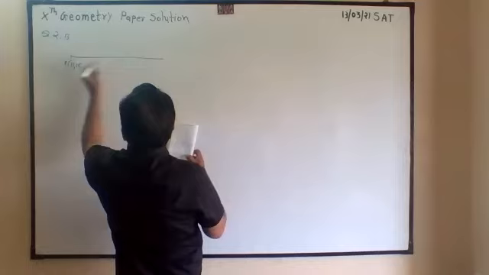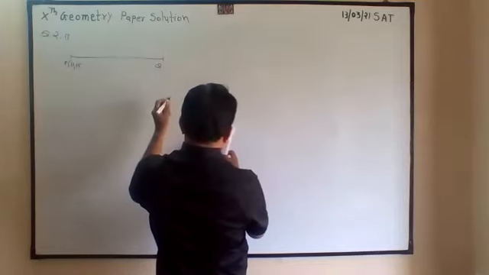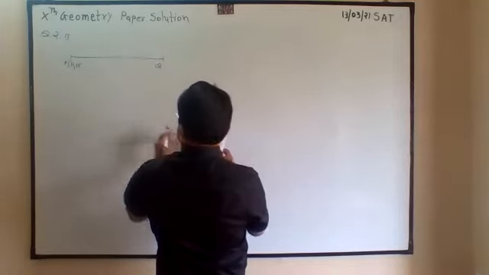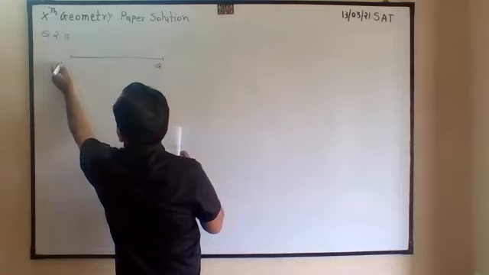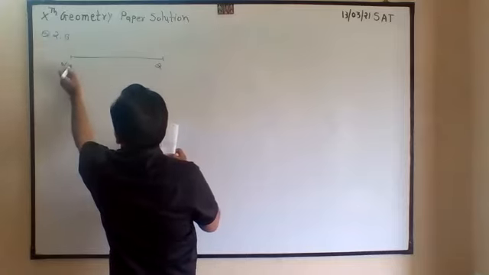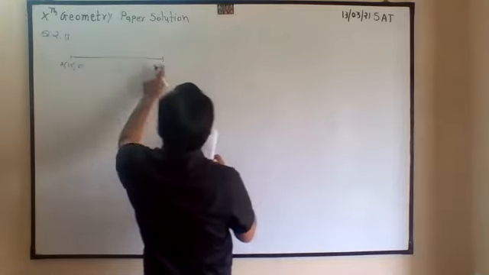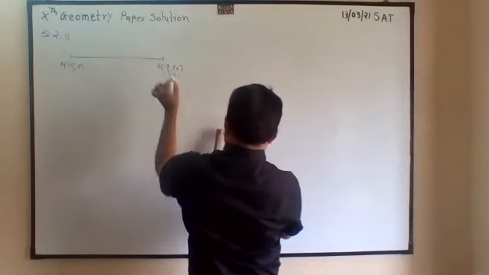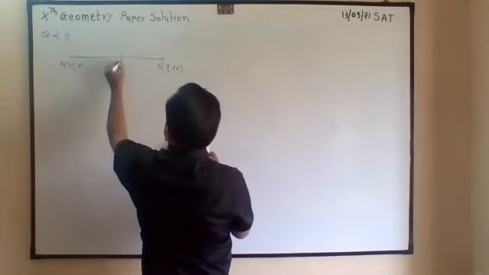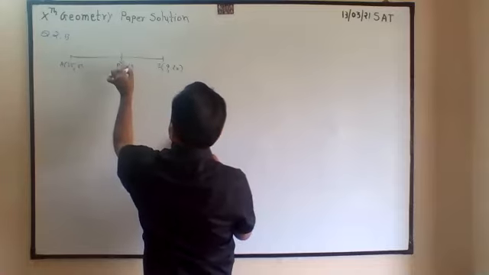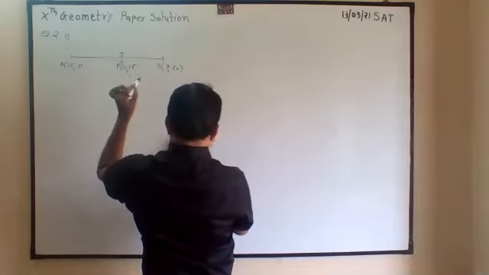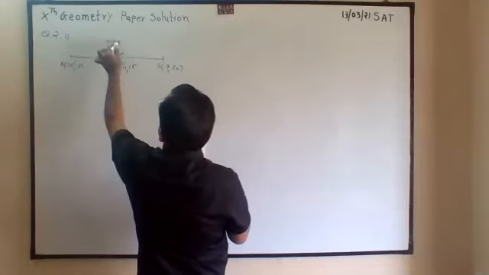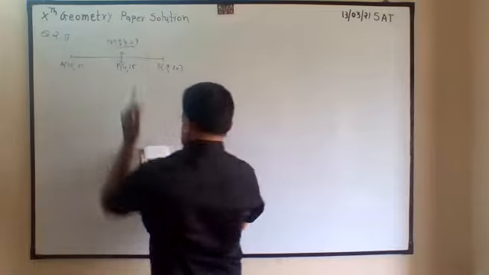P is 11, 15, Q, this is point A, 15, 5, B, 9, 20. Somewhere it is P 11, 15, m is to n question.